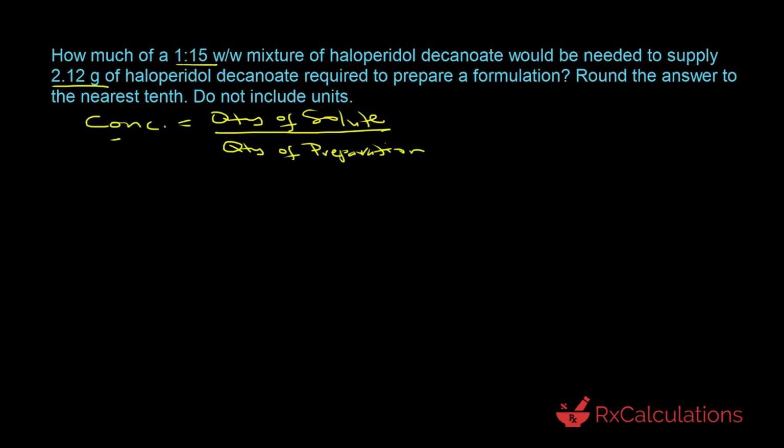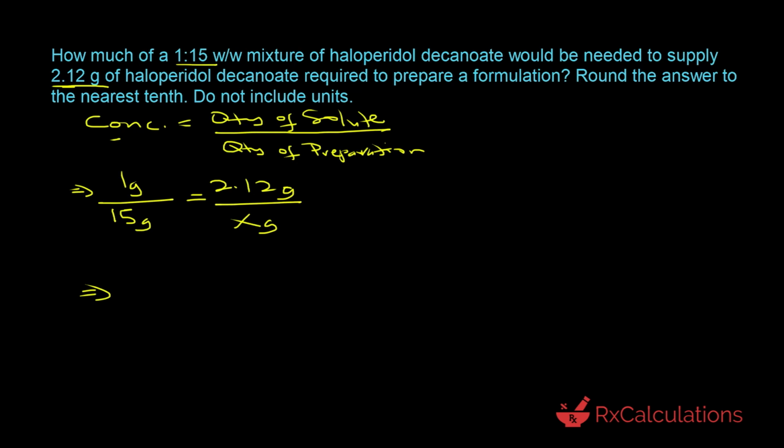So this concentration is the 1:15, and that would imply that you have 1 gram of haloperidol decanoate in 15 grams of preparation. So we're going to set this equal to the quantity of solute, which from the question is clearly stated as 2.12 grams. So that goes in the numerator, so 2.12 grams divided by some quantity in grams, and that's what we are looking for. When we find the x, that will be the quantity of the preparation, and that will be the answer to the question.